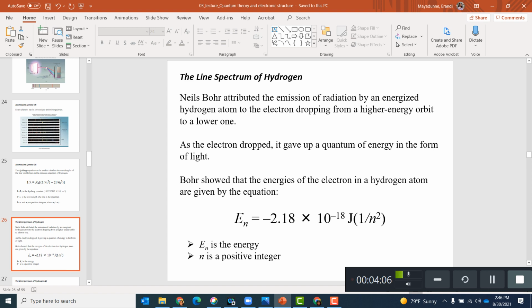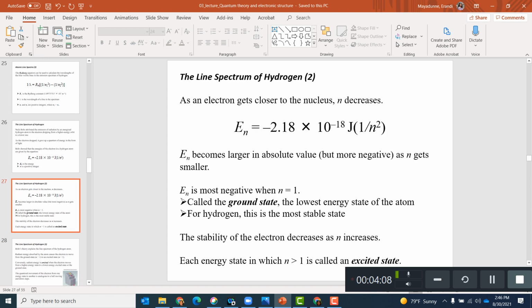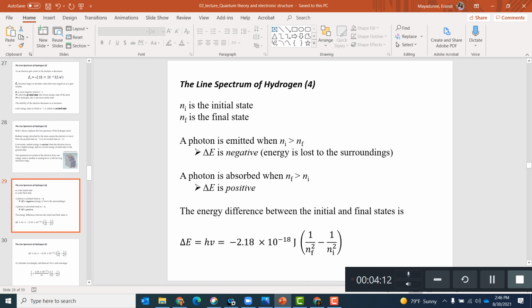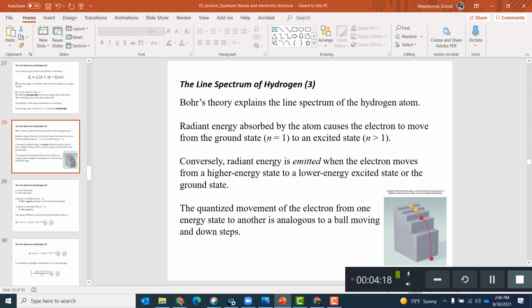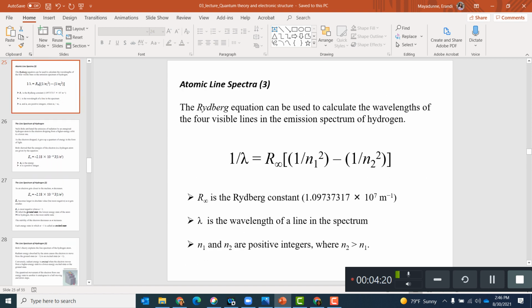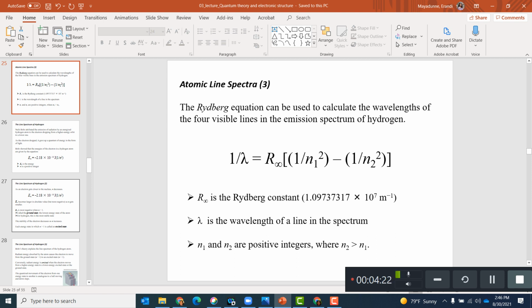So you can always get the energy. Let's look at this question. They came up with this equation, which is given for 1 over lambda and the Rydberg constant.